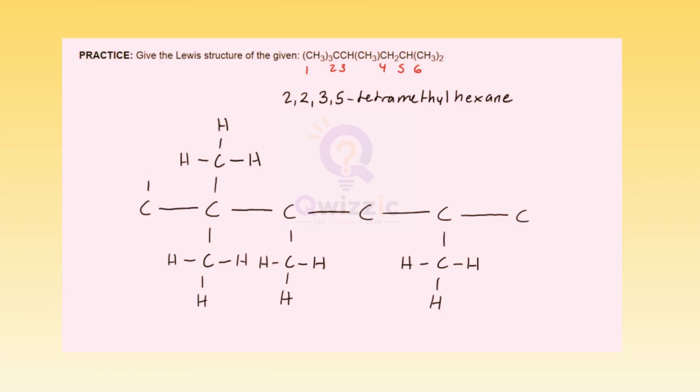Carbon 1 has 3 hydrogens associated to it. Carbon 2 has 0. Carbon 3 has only 1. Carbon 4 has 2. Carbon 5 has 1. And carbon 6 has 3.